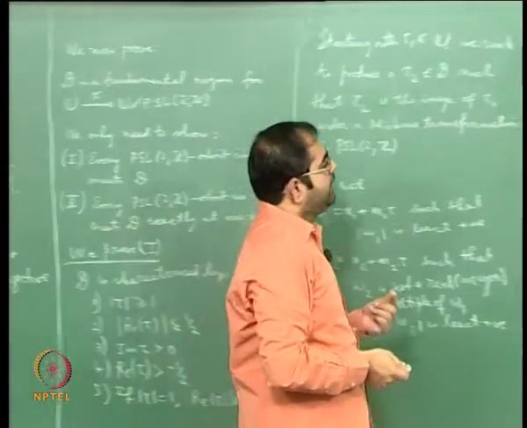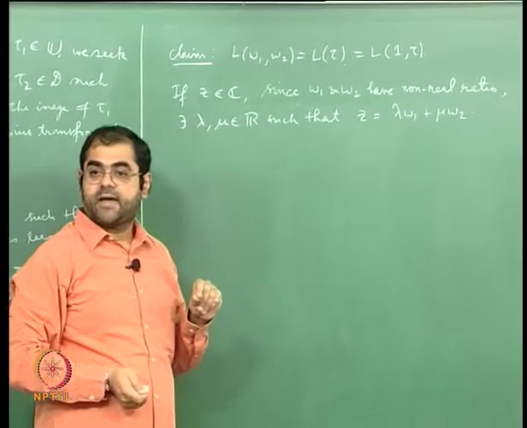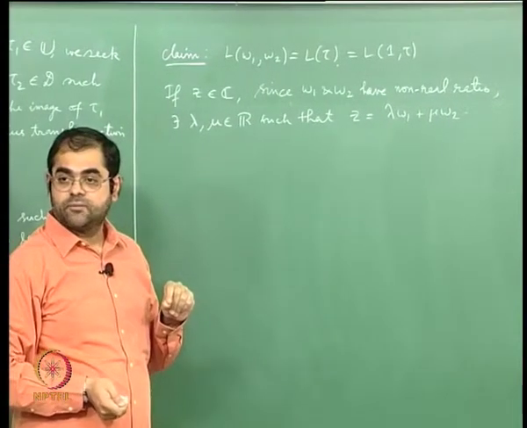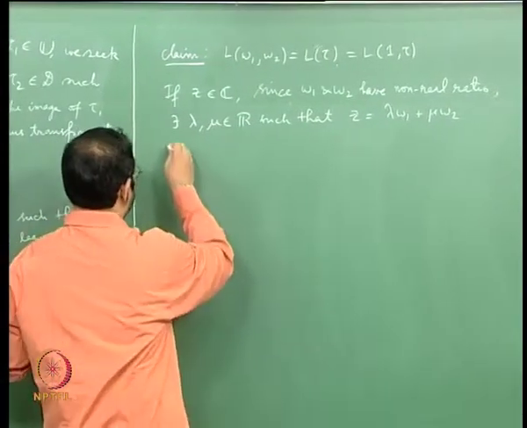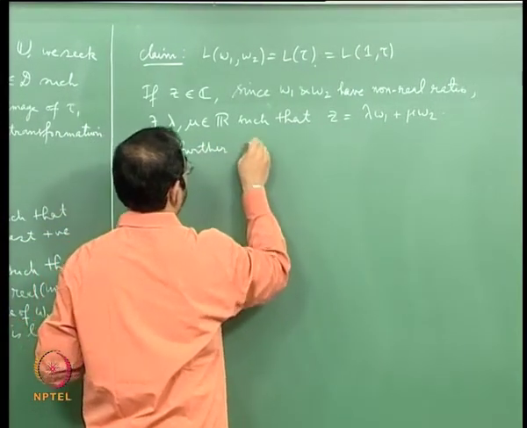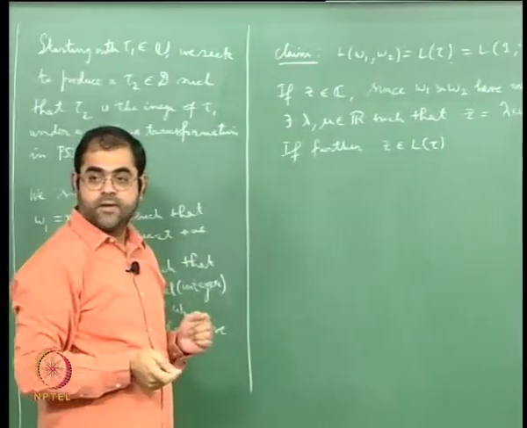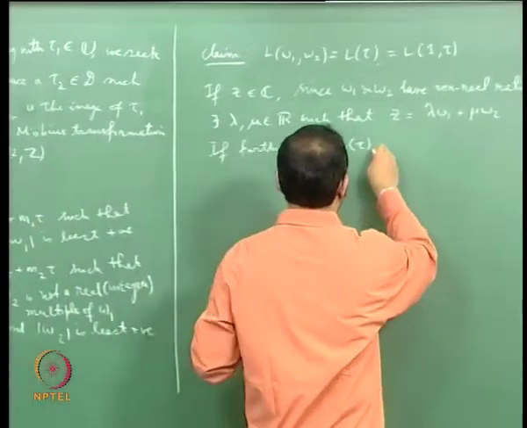Now in particular, suppose z belongs to L tau.